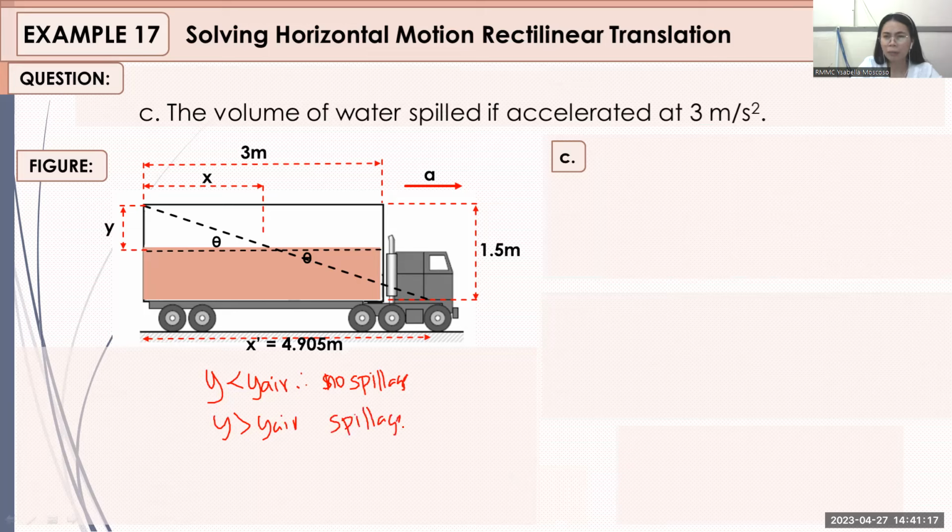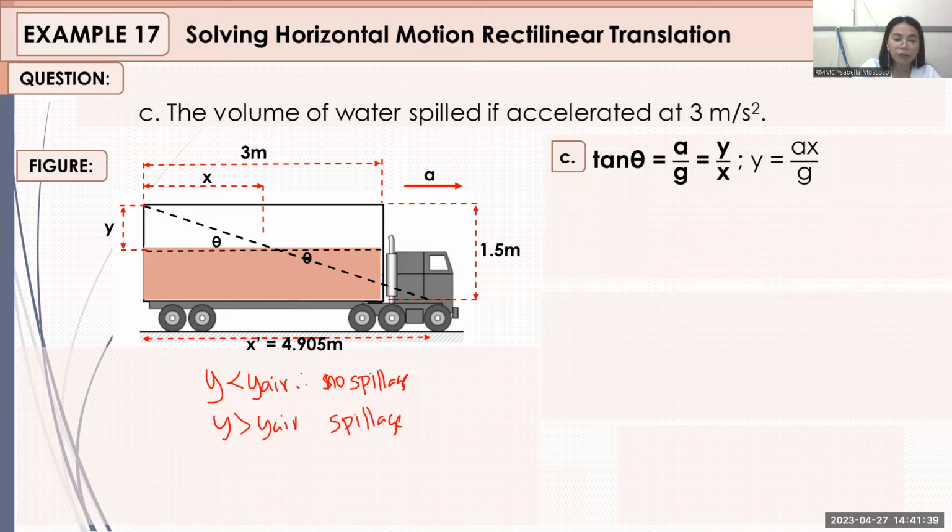So, i-prove natin na may spillage talaga. Kasi hindi tayo pwedeng mag-assume agad. Kailangan natin i-prove talaga. Ganun naman tayo mga engineers. So, sige, paano natin yun i-prove? We will use your tangent of theta is equals to a over g is equals to y over x. Kunin natin yung y muna ninyo.